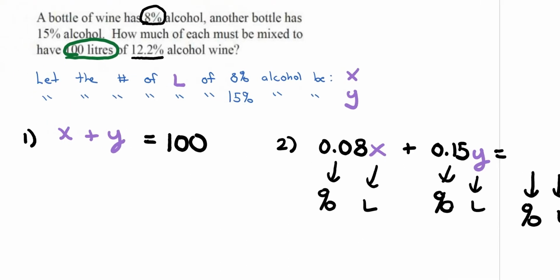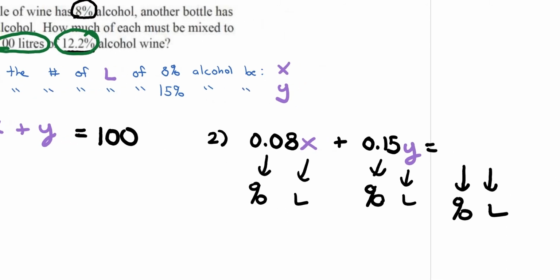Well, the question says you need a 12.2% mixture, so that's 0.122. And how many liters do I need? I need 100 liters. And that's how you can set up your second equation, where 100 is the number of liters.